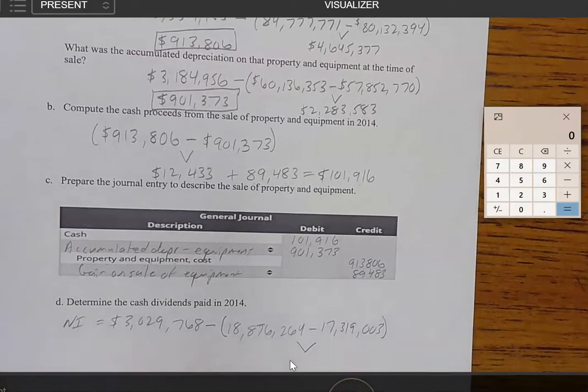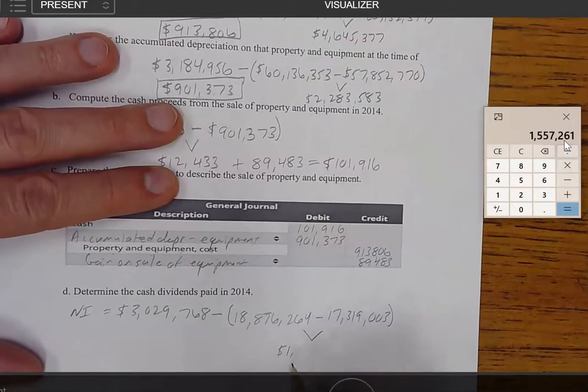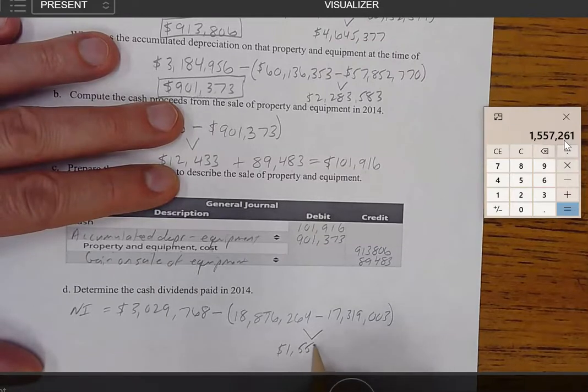Okay, so let's see what that is. 18,876,264 minus 17,319,003 gives us 1,557,261. Now this is not our answer, right? This is just simply the amount by which retained earnings has increased.